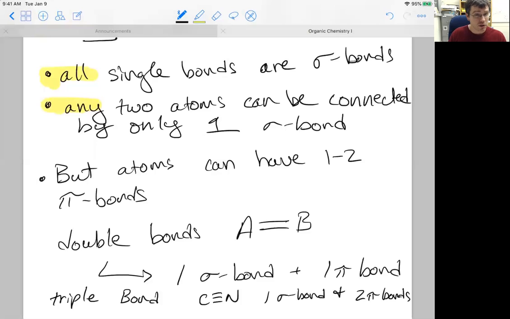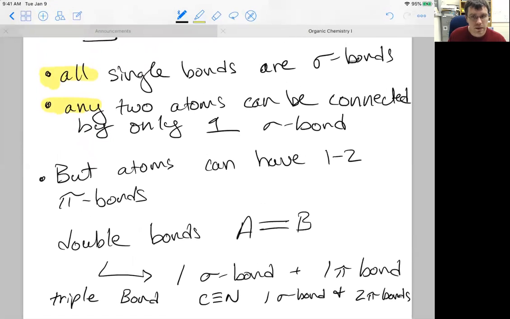So you count the total number of bonds you have, 1 for a single bond, 2 for a double, 3 for a triple, and then you're going to have at least 1 sigma bond, plus however many pi bonds you need to get up to that total: 0 additional for a single, 1 additional for a double, and 2 additional for a triple.